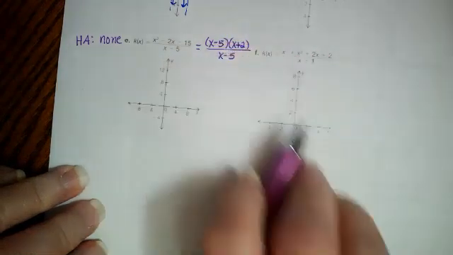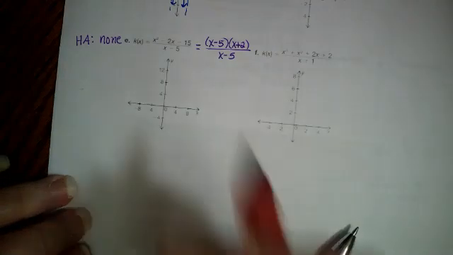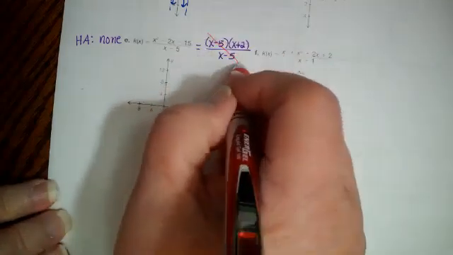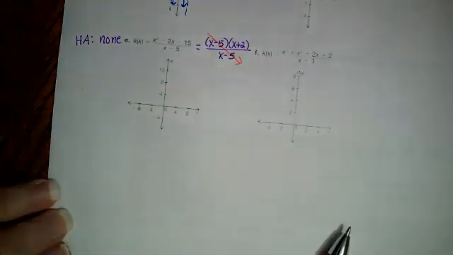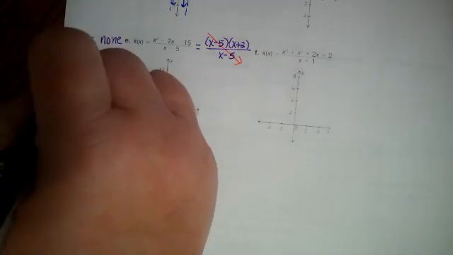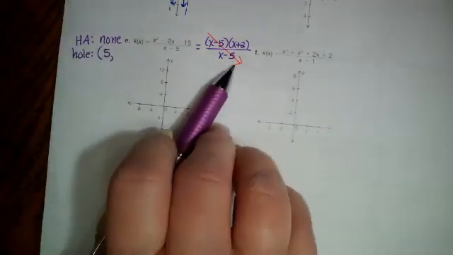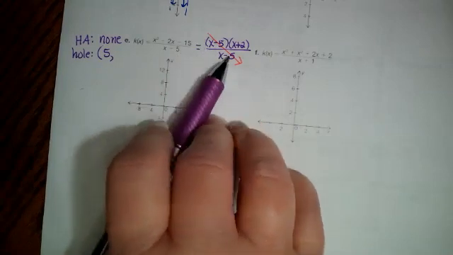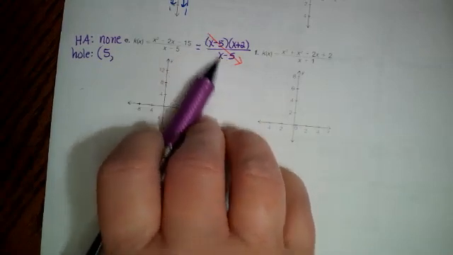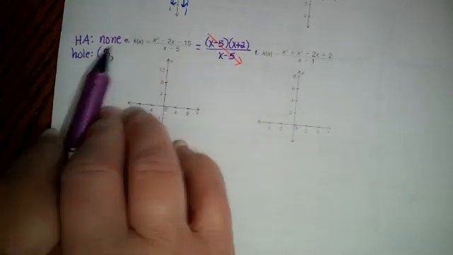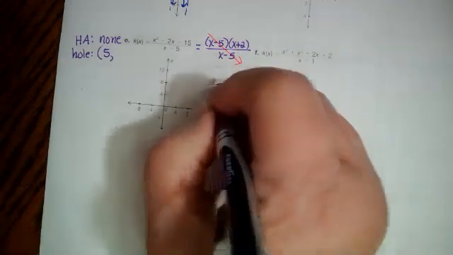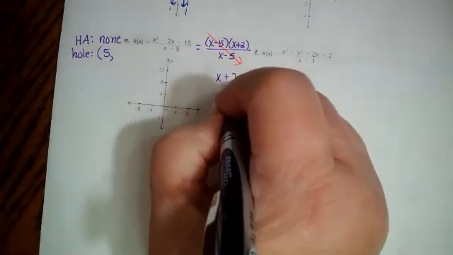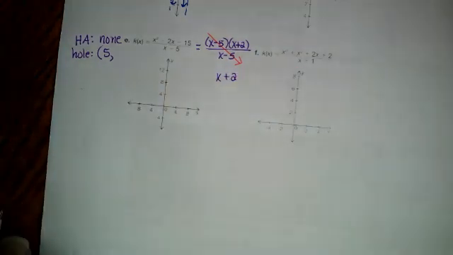And my denominator is x minus 5. So I notice there's a common factor that's going to divide out, and I have a hole with an x coordinate of 5. You take the 0 of whatever factor canceled out. What makes x minus 5 equal 0? Positive 5. Now all that's left is x plus 2 on the numerator.